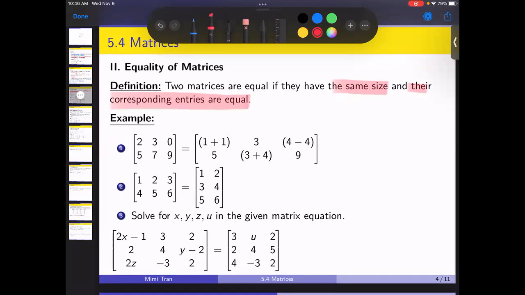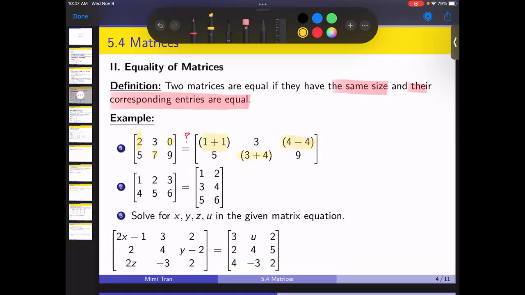Are the first two equal? Is the left-hand side equal to the right-hand side? Yes, right. Even though they're written differently, they are equal. The 2 here is the same thing as 1 plus 1. The 0 here is the same thing as 4 minus 4.